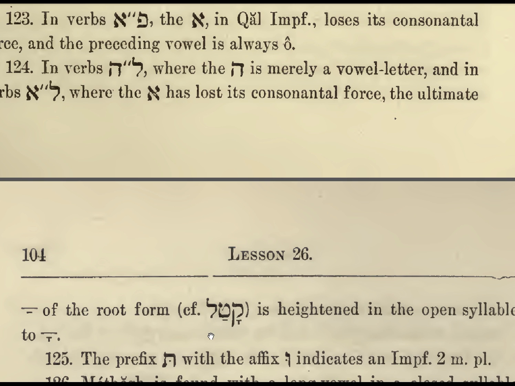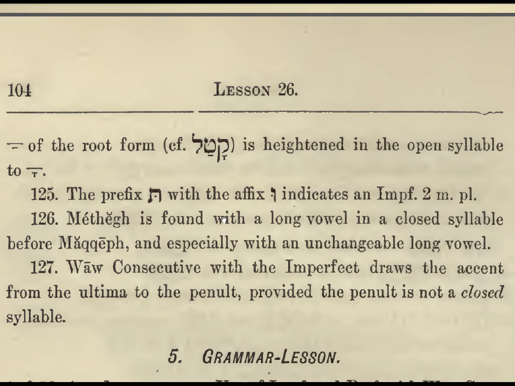It's given more weight, in other words. The prefix t with the affix u indicates imperfect second person masculine plural. Meteg is found with a long vowel in a closed syllable before the makkef, and especially with an unchangeable long vowel. Vav consecutive with the imperfect draws the accent from the ultima to the penult, provided the penult is not a closed syllable.